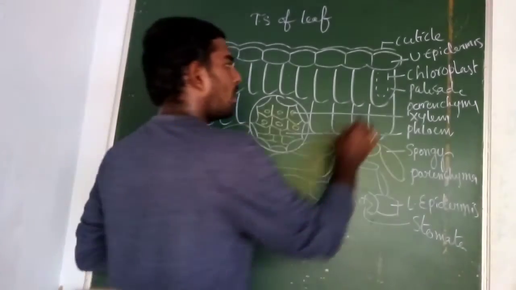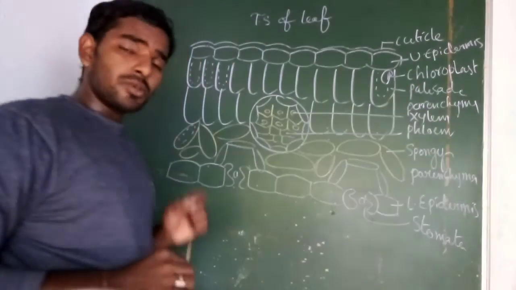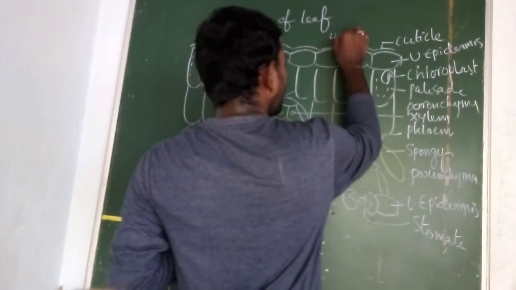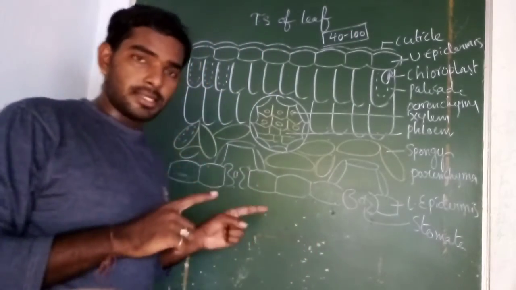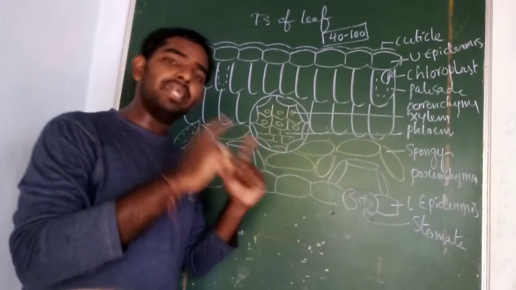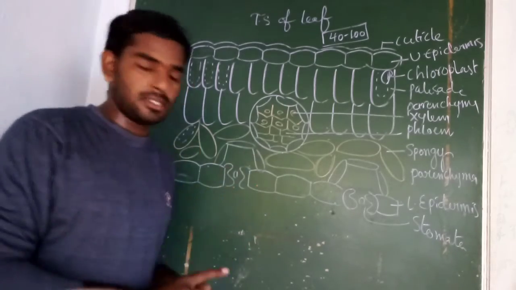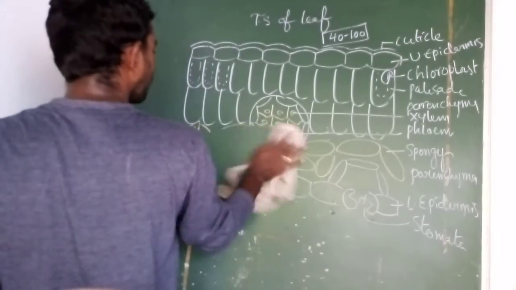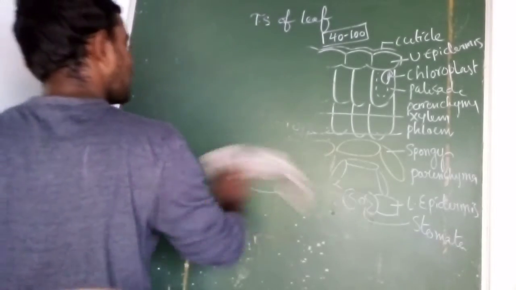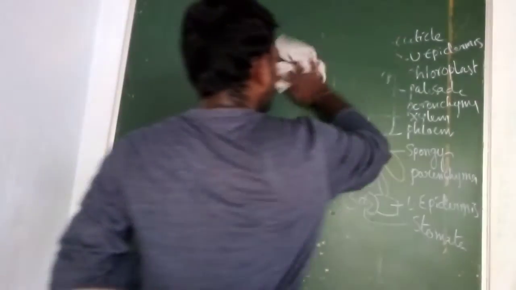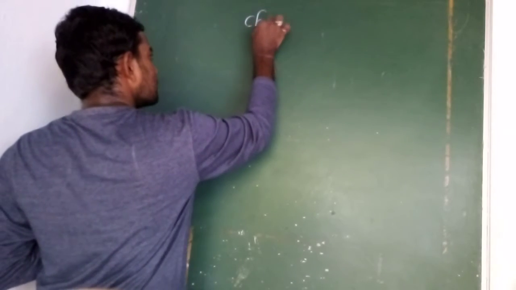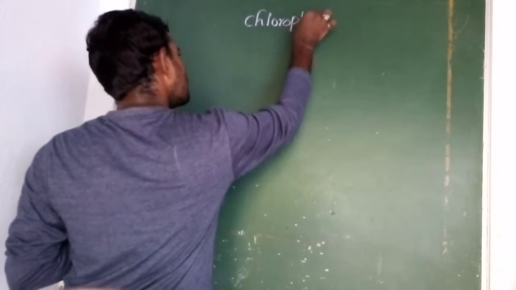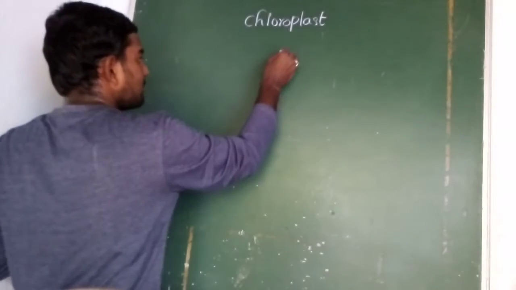So now I will draw the chloroplast. Each leaf consists of nearly 40 to 100 chloroplasts. The number is not constant. It differs from leaf to leaf. It's not the same for all leaves. Let us see now the diagram of the chloroplast. The chloroplast was discovered by Julius von Sachs. The chloroplast consists of 3 membranes.